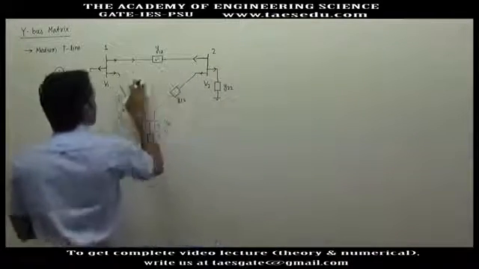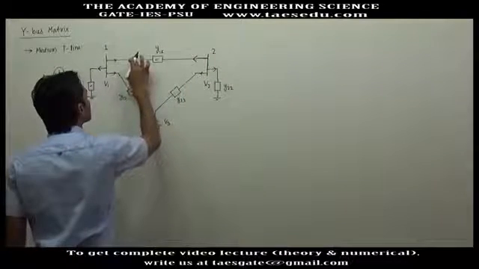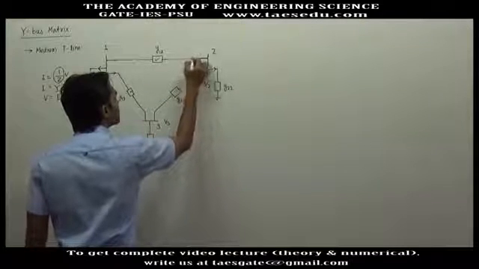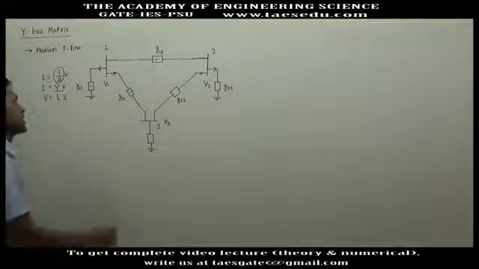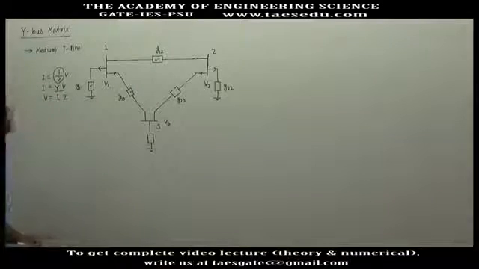So let's say now it is a medium transmission line. In modeling a medium transmission line, we will represent it in the pi model. While finding the Y bus matrix, it is better to represent a medium transmission line in the pi model.